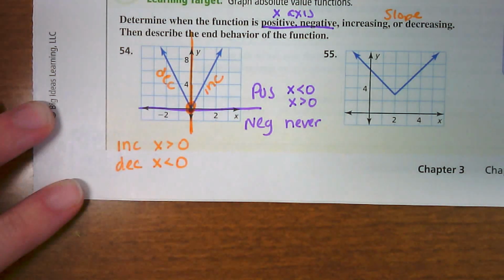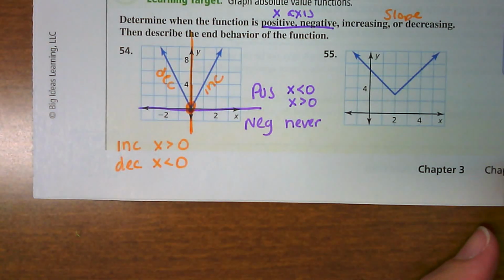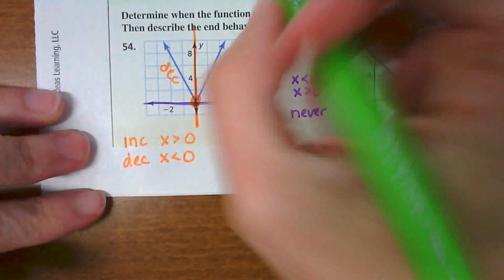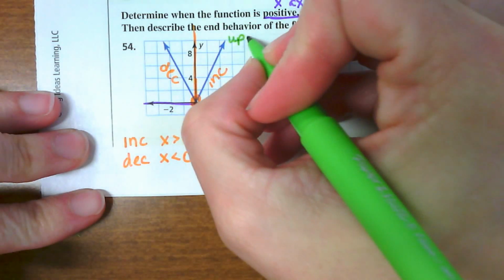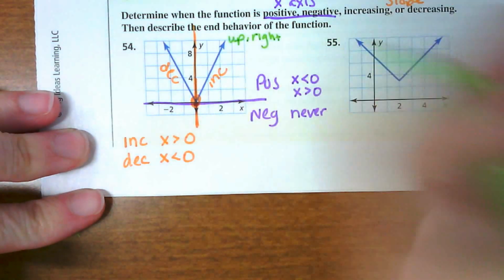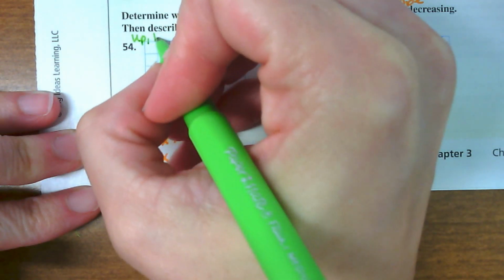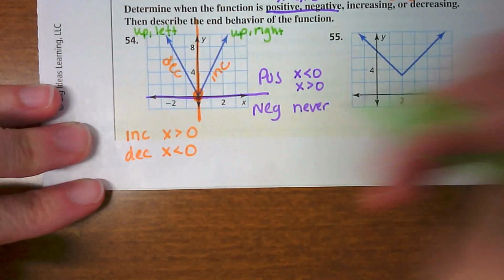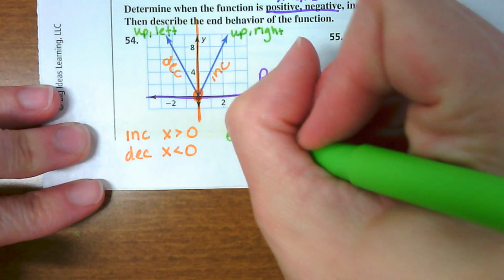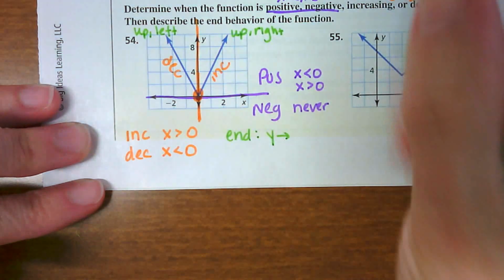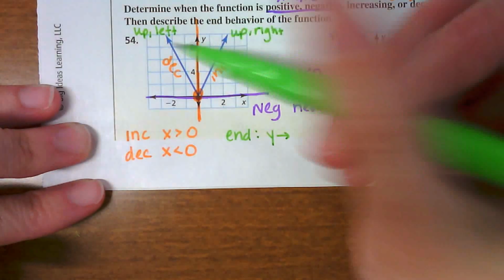For end behavior, you want to look at the ends of the graph and talk about which direction they're pointing. So this side of the graph is pointing up and right. This side of the graph is up and left. So when we talk about our end behavior, we're going to say y goes to, and you pick which side you want to talk about first.